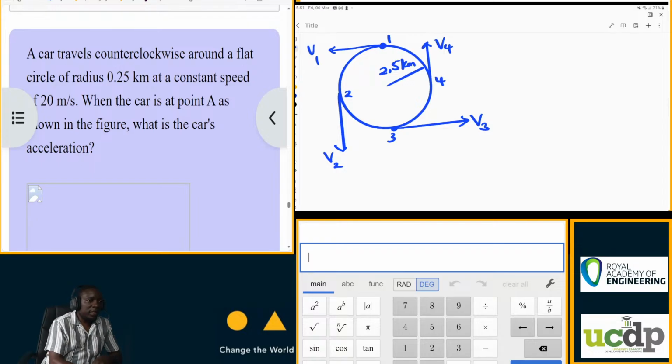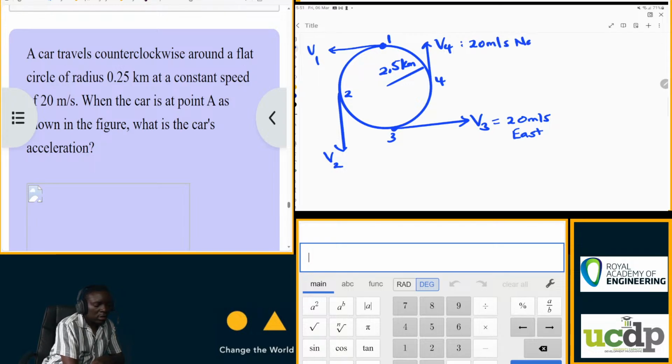The constant speed is 20 meters per second. So V here is 20 meters per second, always, it's the speed. But this one is 20 meters per second, what? East for a velocity. 20 meters per second, north. Then this one is to the west.